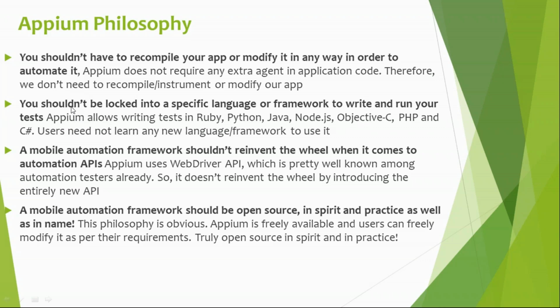The second philosophy is that you should not be locked to a specific language like Java, Ruby or Python, so it allows the user to write in any language. Then, a mobile automation framework should not reinvent the wheel. Let's say APM has come into the market. It should not come with a new programming language, new syntax, or new architecture. When it does, it takes time for the existing workforce to migrate from one technology or programming language to another.